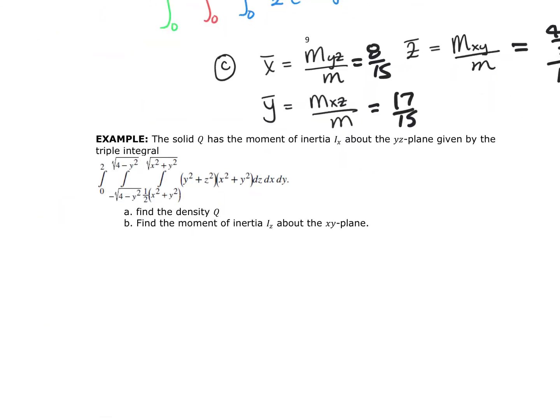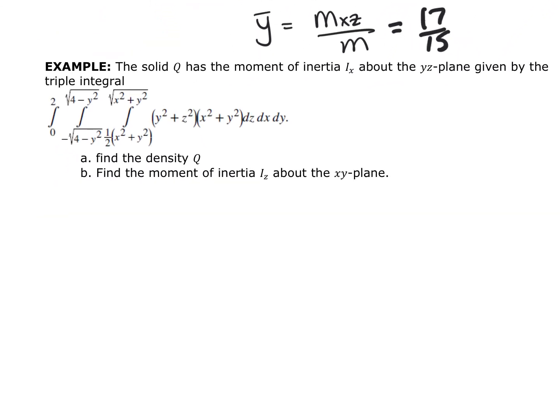Okay, so let's take a look at this last example here. The solid Q has a moment of inertia I x about the xz plane given by this triple integral. Find the density and find the moment of inertia about the xy plane.